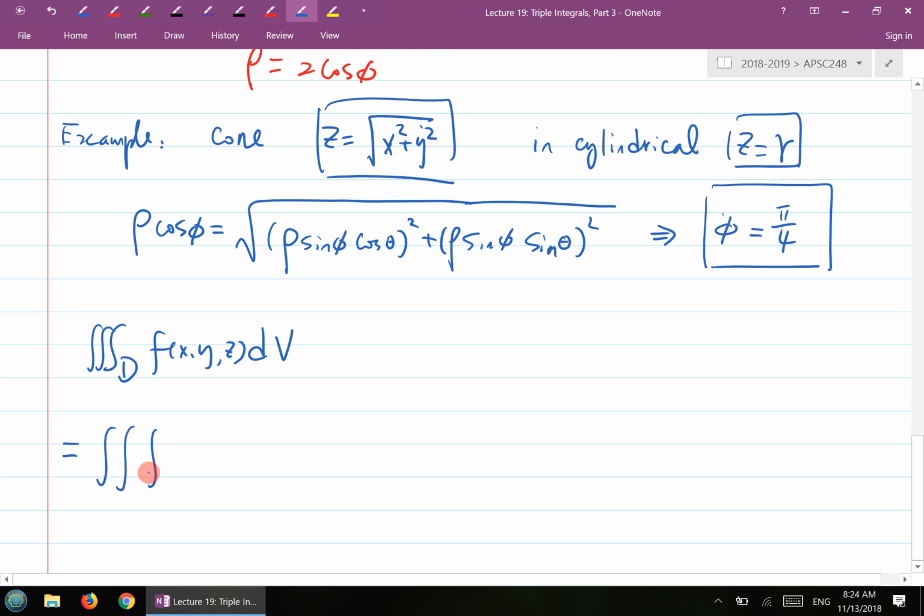The easiest part is the function f. We can replace x with rho times sine phi cosine theta, y with rho times sine phi sine theta, and z with rho cosine phi. Whatever that expression is, you replace x, y, z with these three expressions.